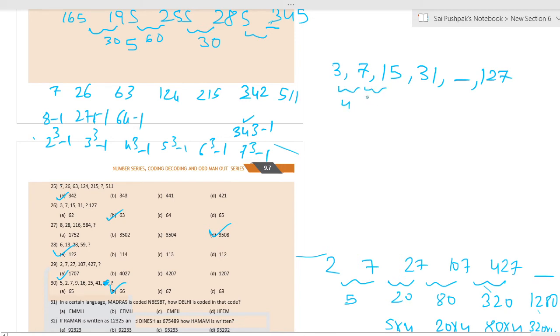The difference between 7 and 15 is 8, and the difference between 15 and 31 is 16. So now we got the difference. It is similar to previous problems. 4 into 2 is 8, 8 into 2 is 16, and what will be the next difference? 16 into 2, it is 32. What will be the next number? 31 plus 32, it is 63. Answer is 63.